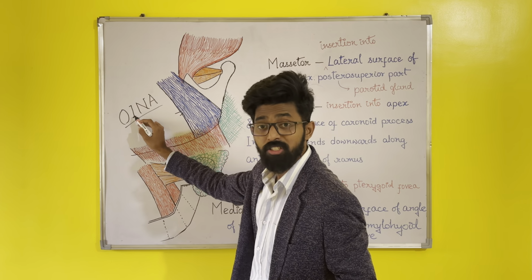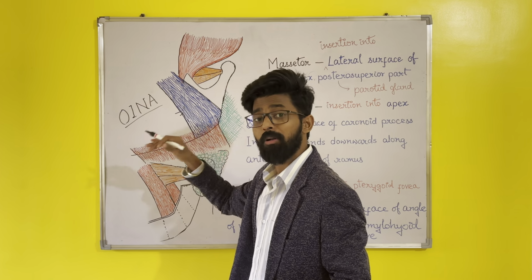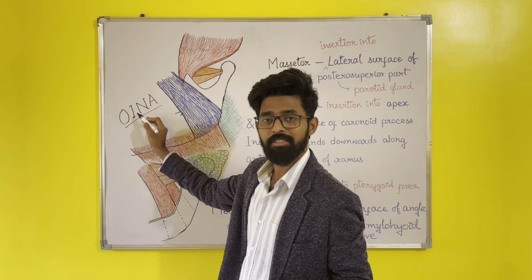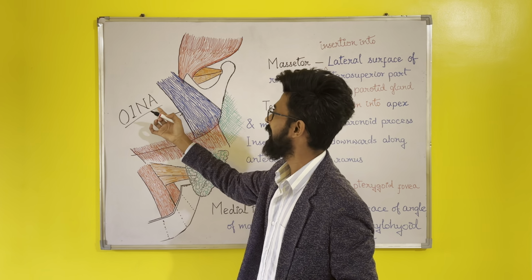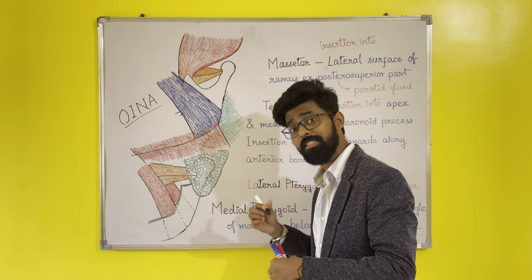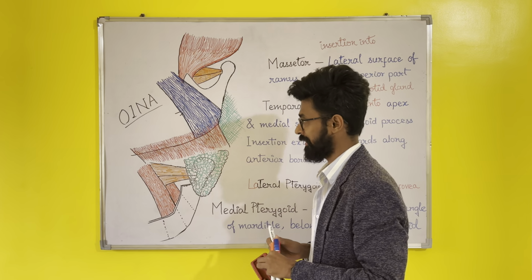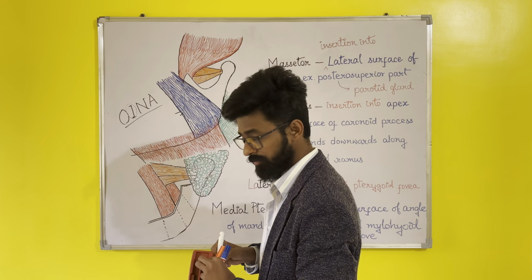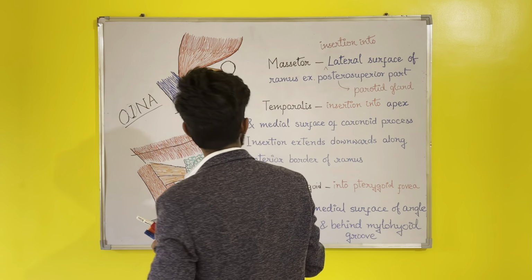I is for insertion. Insertion means where the muscle is ending, the part where the muscle is ending. Nerve supply means the nerves which are supplying that muscle, and A for action. What is the action that particular muscle is causing or helping with? Okay, so I stands for insertion, right? Is it clear so far? Now coming to masseter.